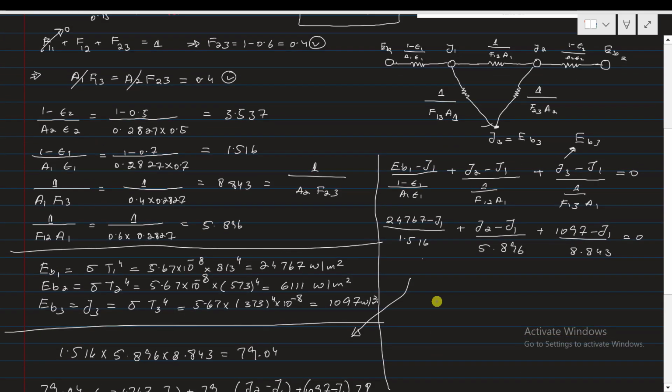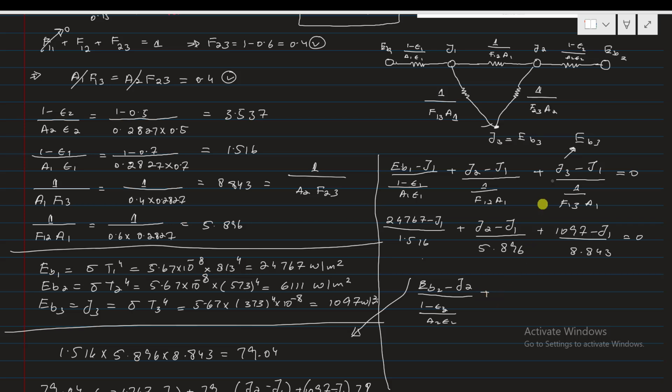Now we will perform the node analysis on J2, so we will write the equation for J2. It will be EB2 minus J2 divided by its surface resistance, that is 1 minus emissivity 2 divided by area 2 emissivity 2, plus the heat transfer from the room to J2, that is J3 minus J2.